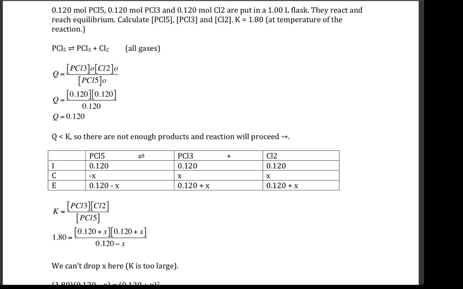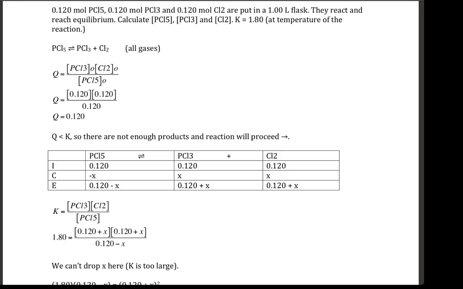So we calculate Q and compare Q to K, and we can know which direction the reaction goes. Q is the concentration of the products, PCl3 and Cl2, over the reactant, PCl5, all at the initial concentrations.